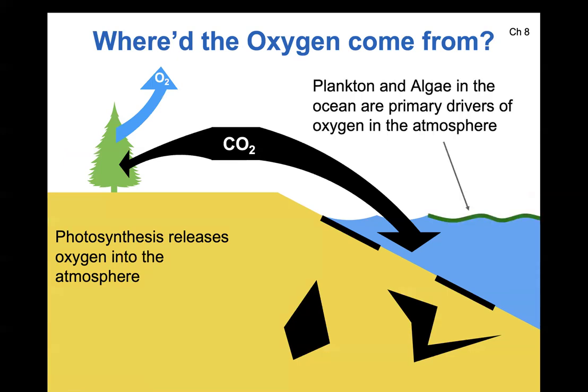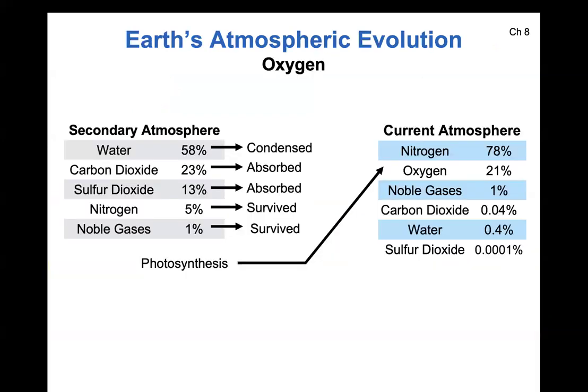And so plankton and algae in the ocean are the primary drivers of oxygen in the atmosphere. They're the plants that produce the most oxygen, rather than ground-based plants. But the ground-based plants do add to the overall oxygen output. So it was photosynthesis that led to the free oxygen in the atmosphere.